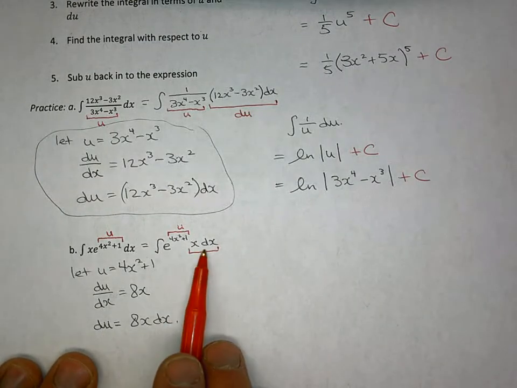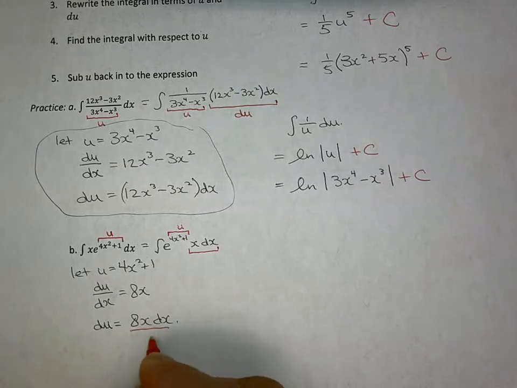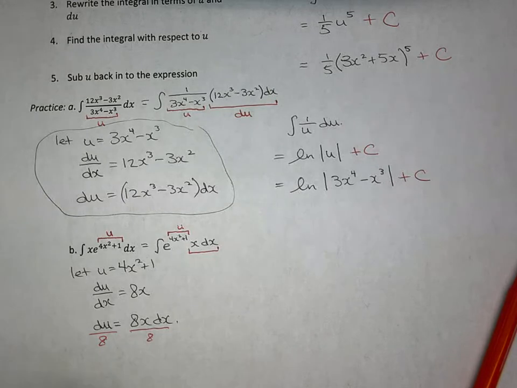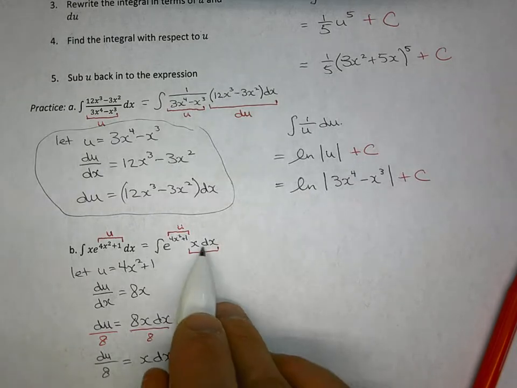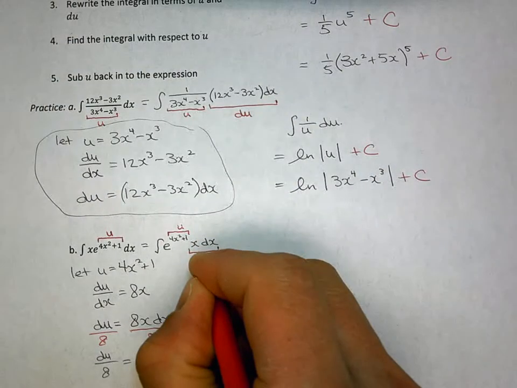So the only way I get x dx here is I would have had to divide this whole thing by 8 and this whole thing by 8. Then I have du over 8 is equal to x dx. There we go, that's a good match. Now this x dx, I can just replace with du over 8.